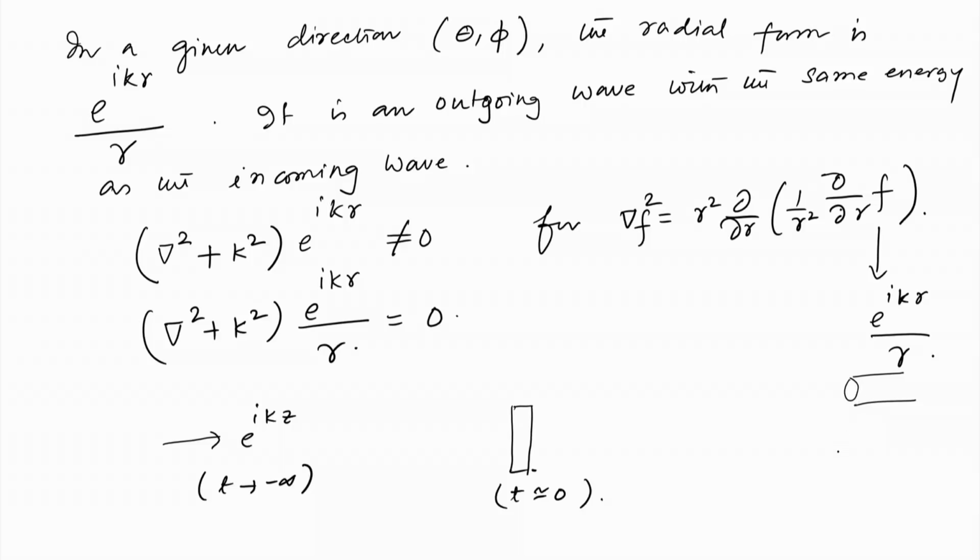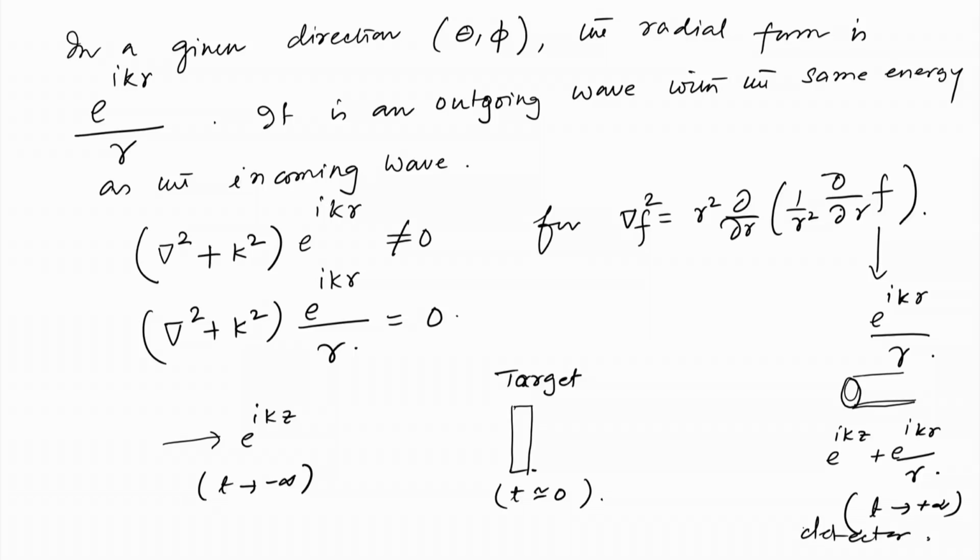So, the detector detects both a free wave plus a spherical wave of this form. It is basically an oscillatory function with an envelope which goes as 1 over r. So, that happens at t goes to plus infinity, and that is being detected by the detector. So, this is the target and this is the detector here, and this is the incident particle.